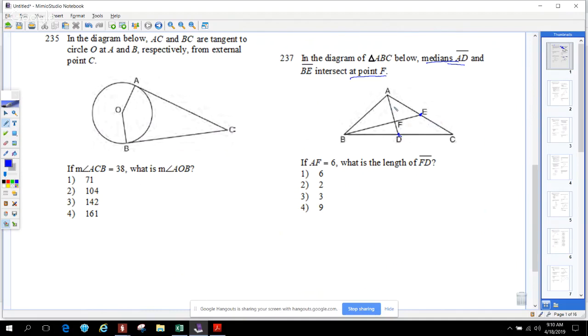It tells us that AF is 6 and it wants us to know the length of FD, which is right here. Now, this I don't think you'll need tomorrow, but I will tell you, whenever you have medians, it actually breaks things into proportion, where the proportion is 2 to 1. So for every 2 pieces up here, there's 1 piece down here. So all we're going to do is set it up like a proportion like this.